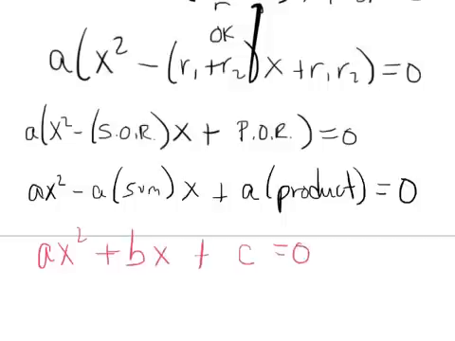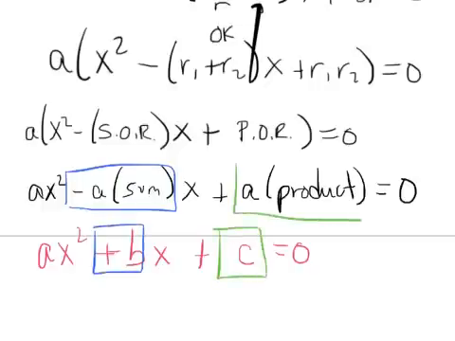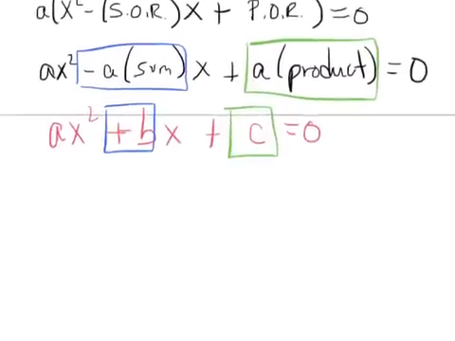That means that this quantity is really b right there. And, let's use green, this quantity is really c right there. So just by looking at these, we can equate the coefficients, a technique that is very useful.